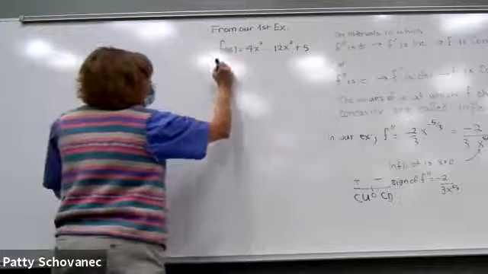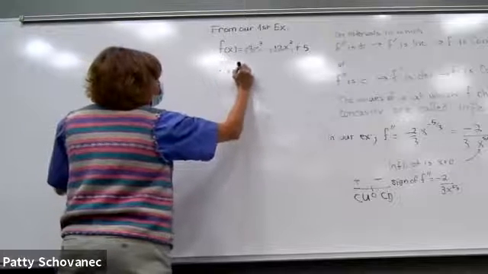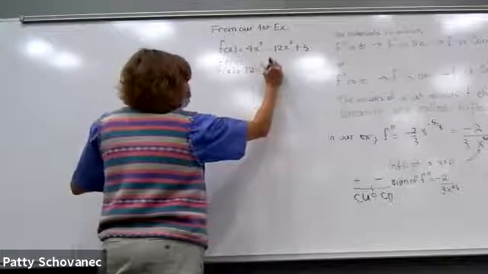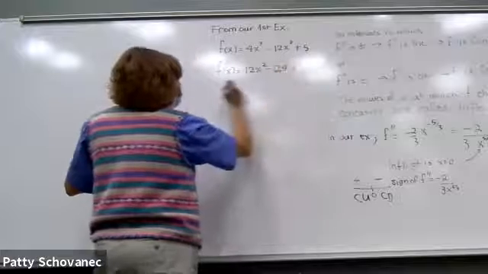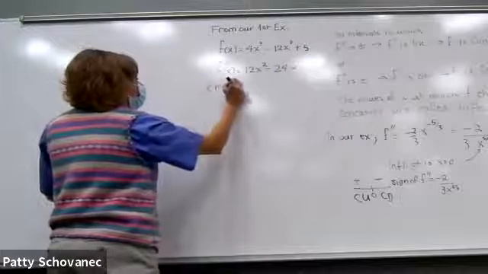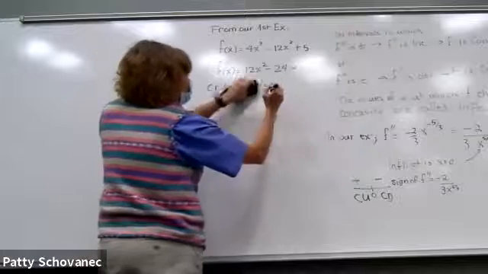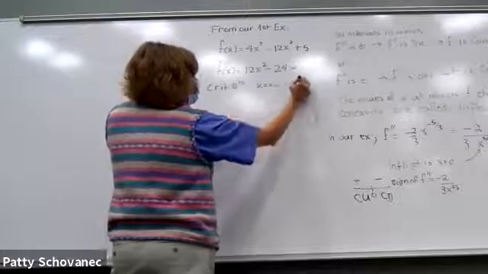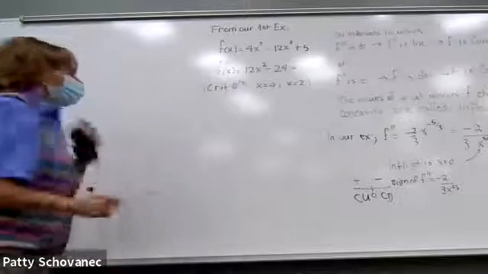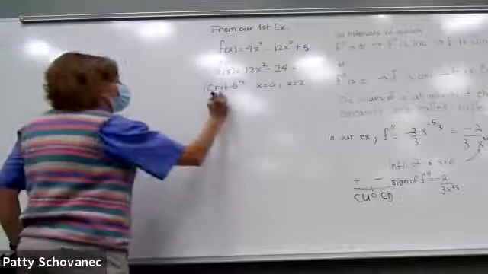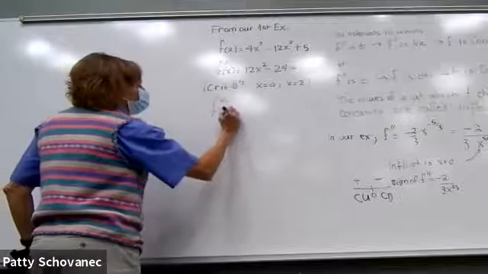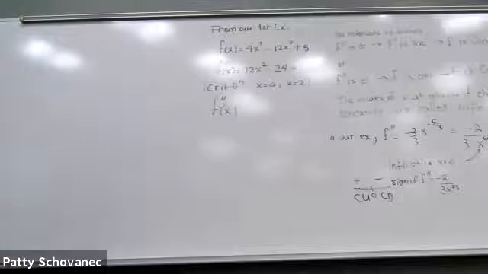And we had that our first derivative was 12x squared minus 24x. And so remember, our critical numbers were x is 0 and x is 2. And now let's take the second derivative. And I get 24x minus 24.